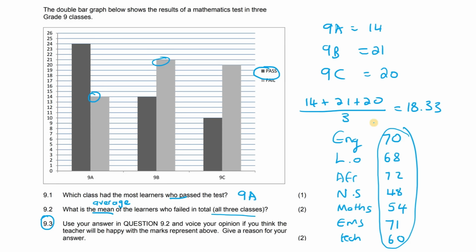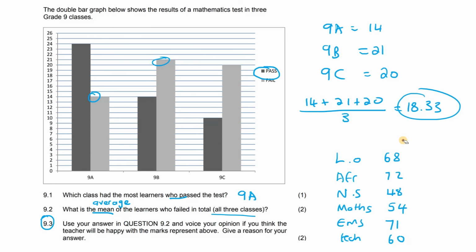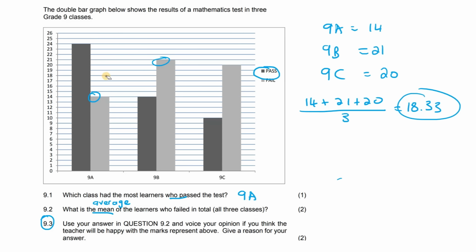Okay, so what this number means is that on average, there were 18.33 learners who failed in every class. So I definitely don't think the teacher will be happy, because you can see that this class, 9A, did quite well, but 9B and 9C did really badly. Most of the people failed.